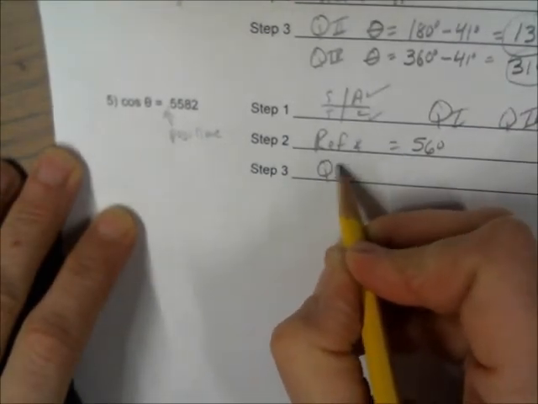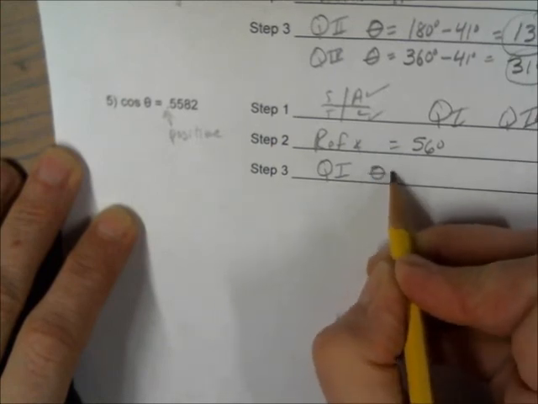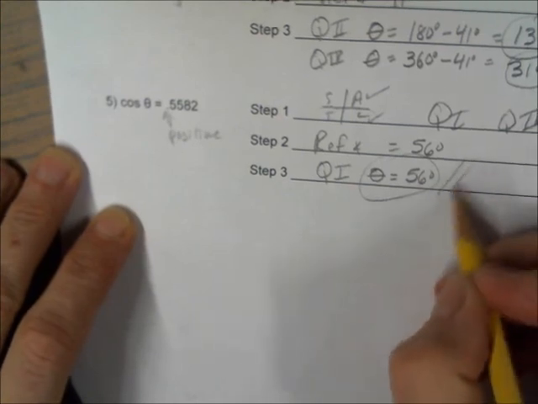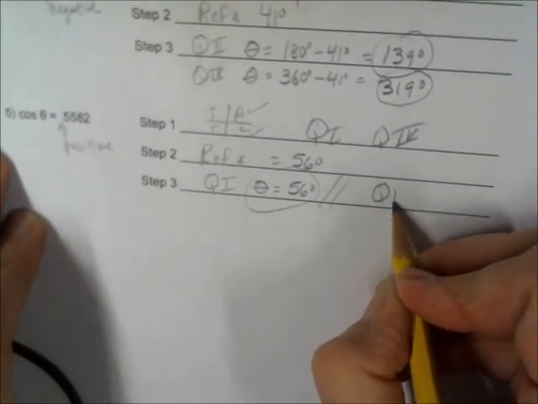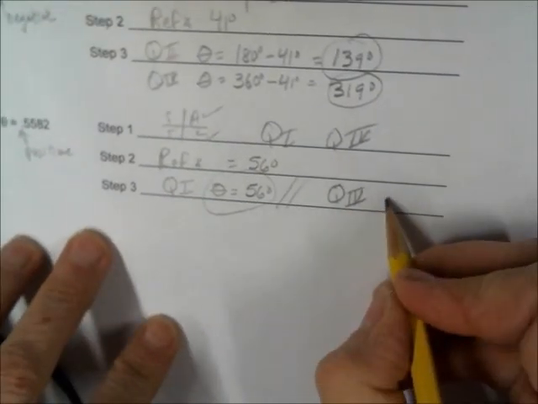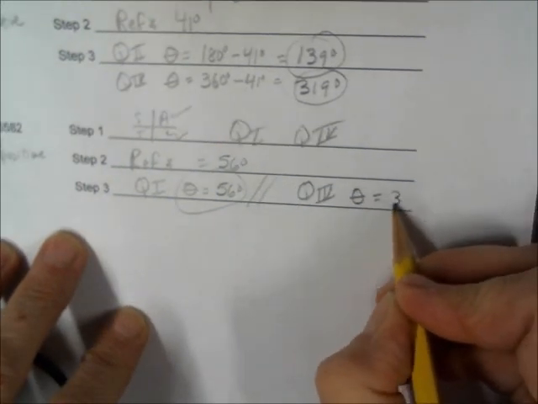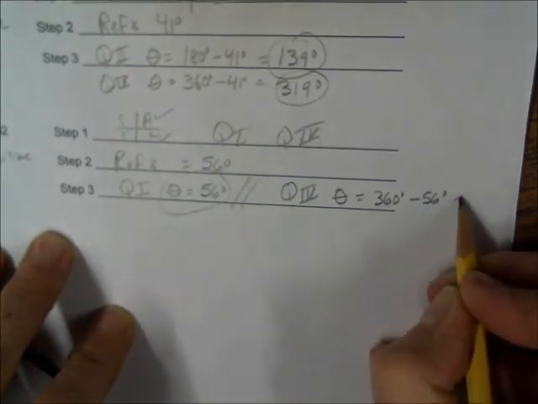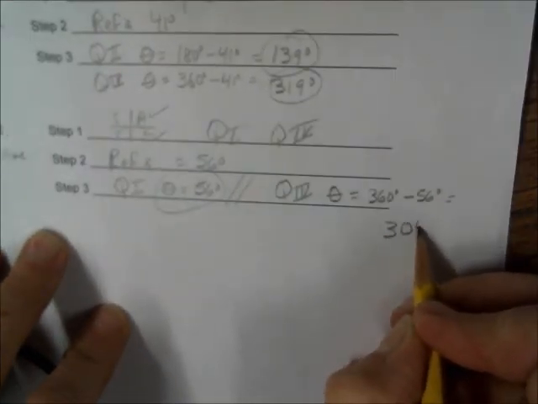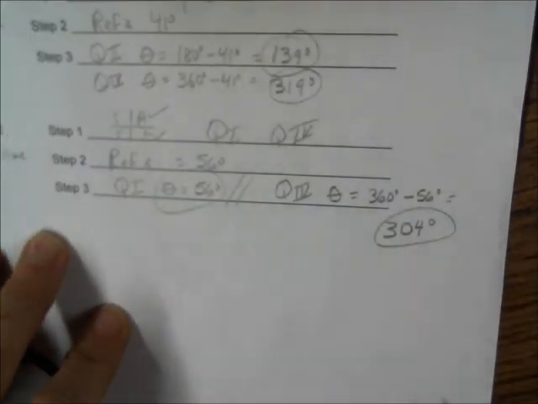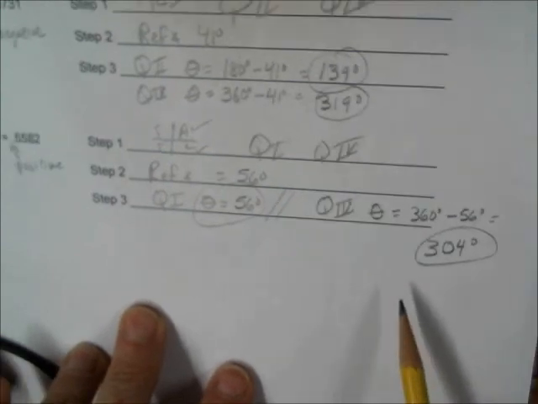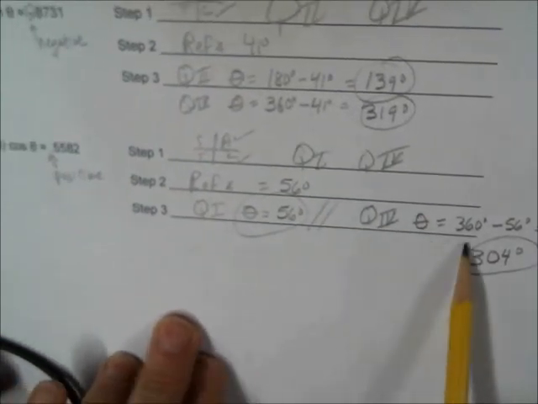Our quadrant 1 answer, theta is the same thing as the reference angle, 56 degrees. There's one answer. And in quadrant 4, a quadrant 4 theta value is 360 degrees minus the reference angle. And I'll bet that's 304.